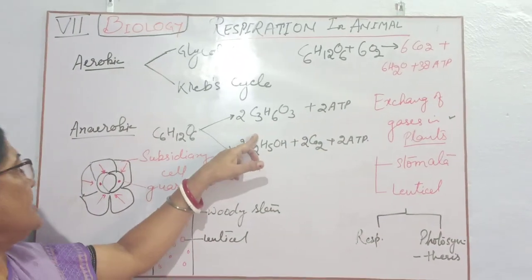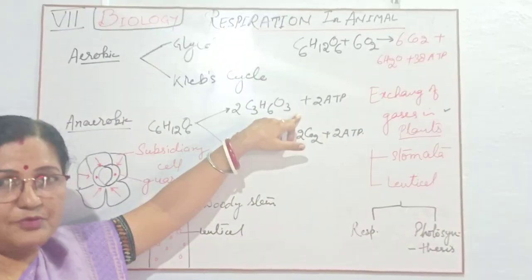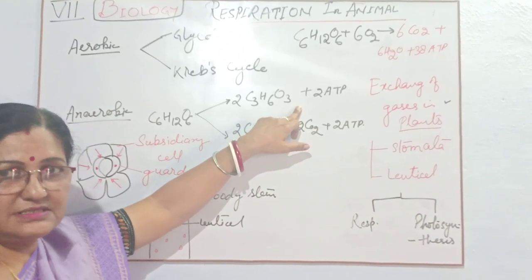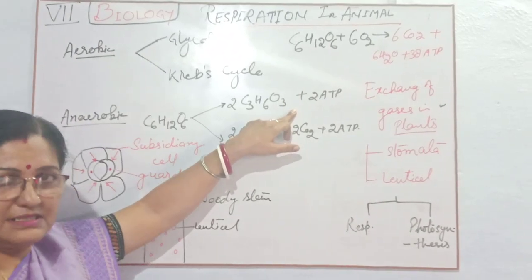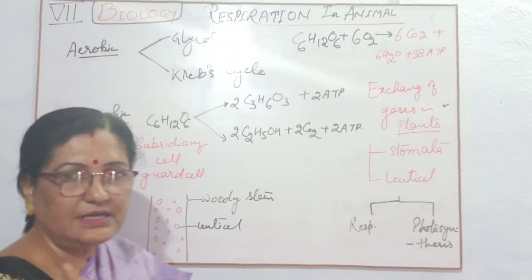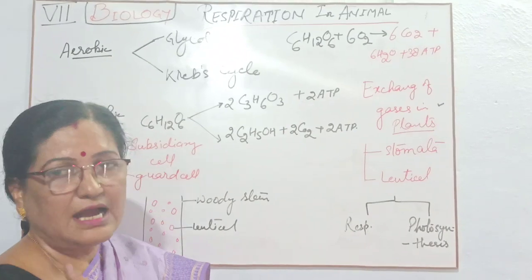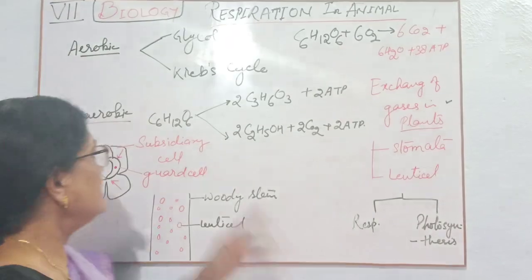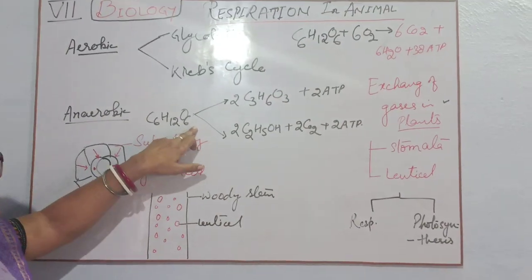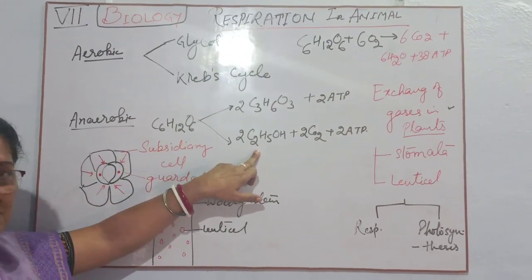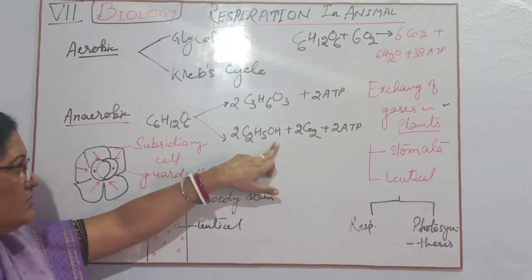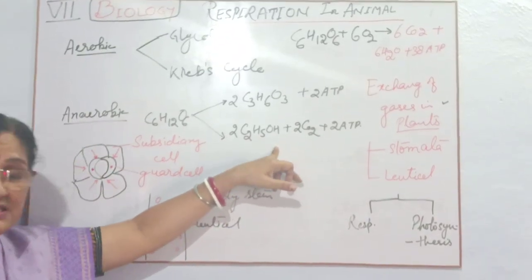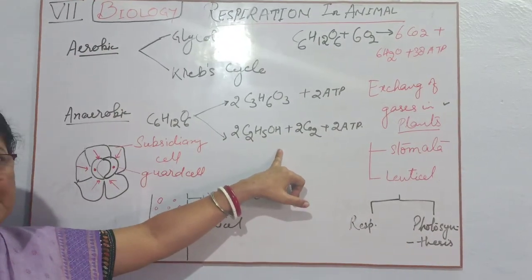Children, we also have anaerobic respiration in our body, in our skeletal muscles. Do you know the skeletal muscles? Skeletal muscles are the muscles which are attached to our bones, especially in the arms, the legs, the fingers, etc. Now, if this glucose molecule decomposes into ethyl alcohol or ethanol, carbon dioxide and ATP, this happens only in the plant cell.